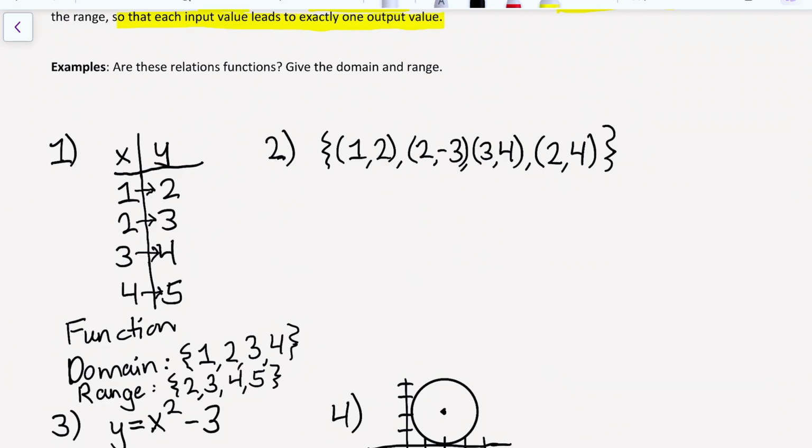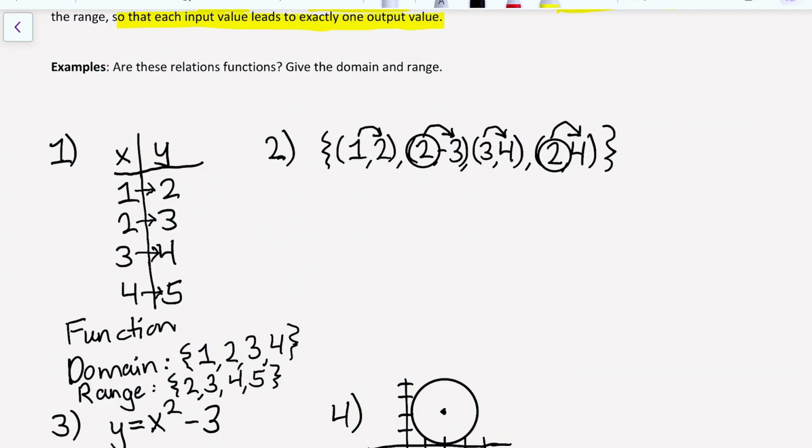Let's go on to our next example. Here's a list of ordered pairs. And once again, we have some x values and y values. 1 is matched with 2, 2 is matched with -3, 3 is matched with 4, and 2 is matched with 4. This relation is not a function, and the reason is the x value of 2 is matched with two different y values.